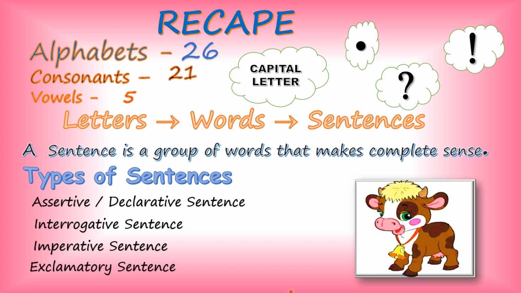Because it is stating something. It is telling something. And it is starting with capital letter A and ending with a full stop. Yes, children? Good. You remember everything. Now, this is another example of a sentence starting with a capital letter and ending with a full stop.